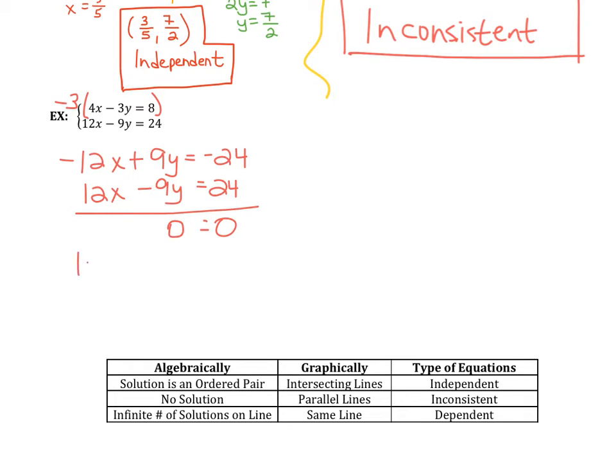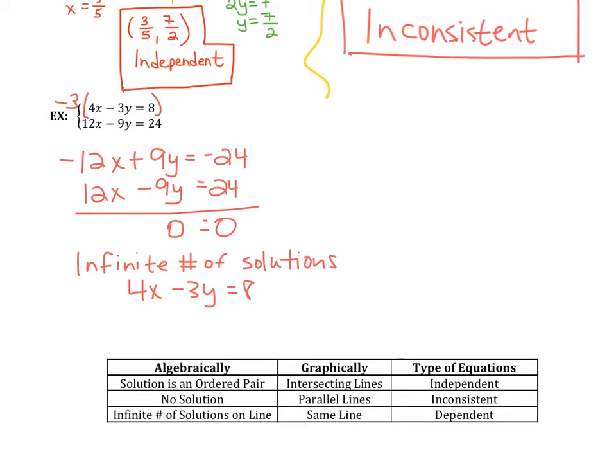So my final answer is going to be an infinite number of solutions on the line, but I have to state the specific equation for the line. Now, I can go to the top equation and use it, which I'm going to do, or I could use the bottom equation if I wanted to, or I could even rewrite those equations in slope-intercept form, and I would find that they are indeed the same representation in slope-intercept form.